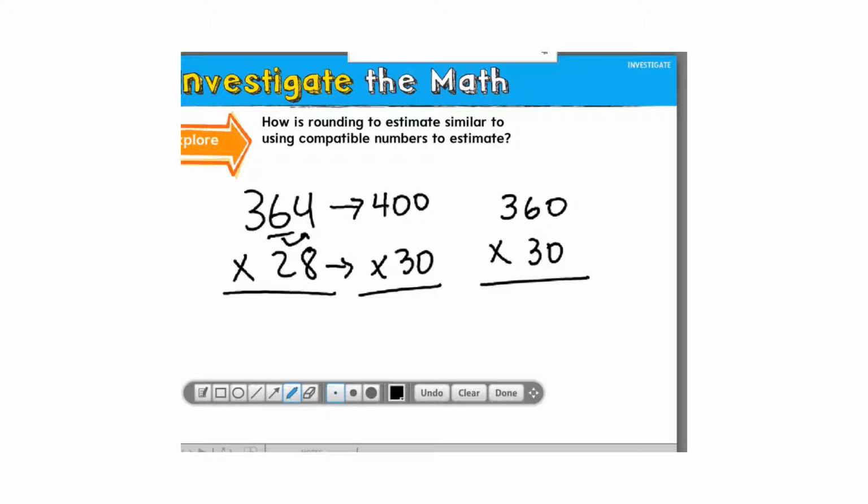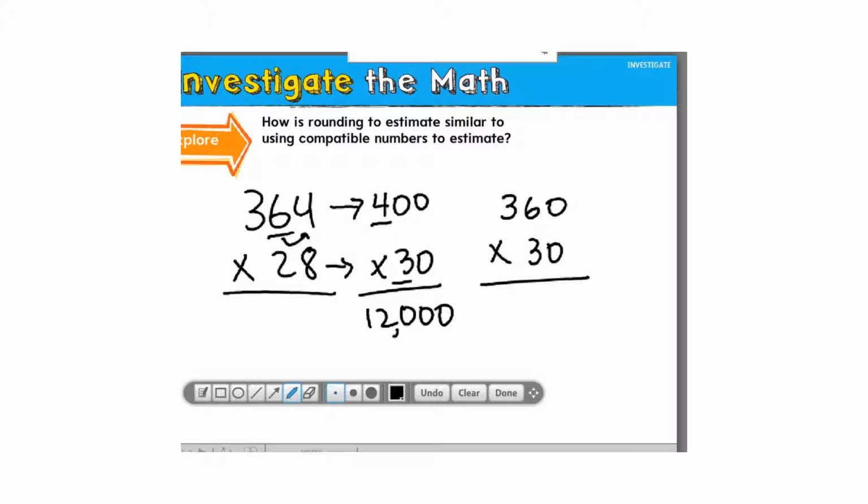Right. Okay, keep watching. Watch the screen. Boys in the back, watch the screen. So there's going to be a couple ways to do this one. I can multiply this way and get 12,000, right? Because I'm going to add those 3 zeros.